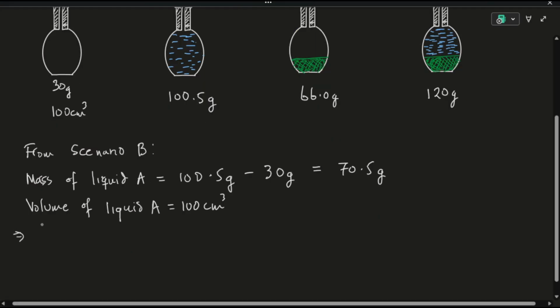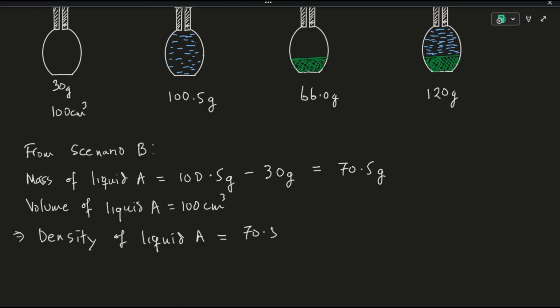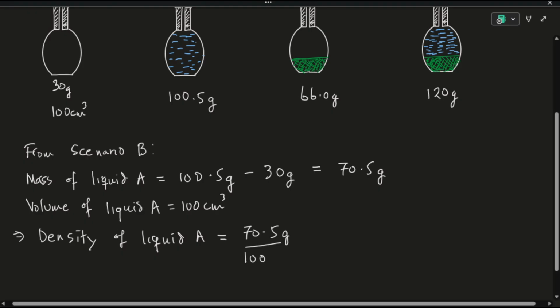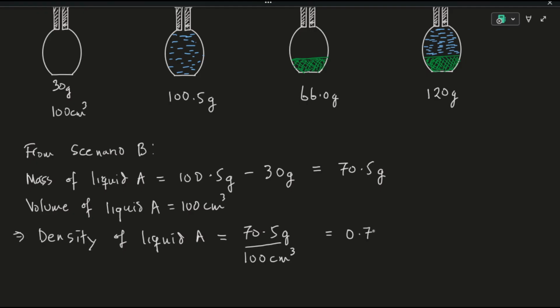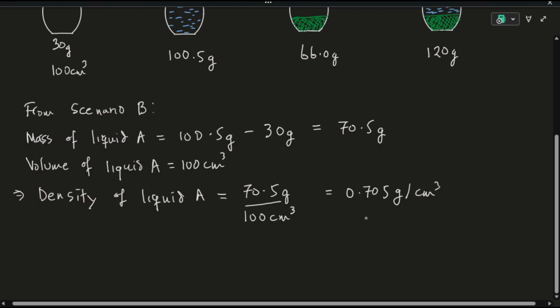So this implies that the density of liquid A is given by 70.5 over 100, which is 0.705 grams per centimeter cubed. So this is the density of liquid A.